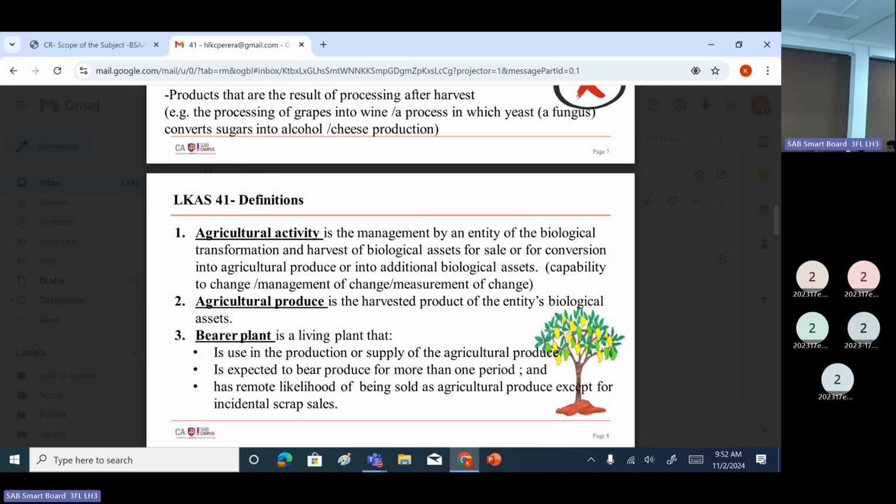Okay. Agricultural produce is the harvested product of entities' biological assets. Agricultural produce means the outcome you are getting from agricultural biological assets.